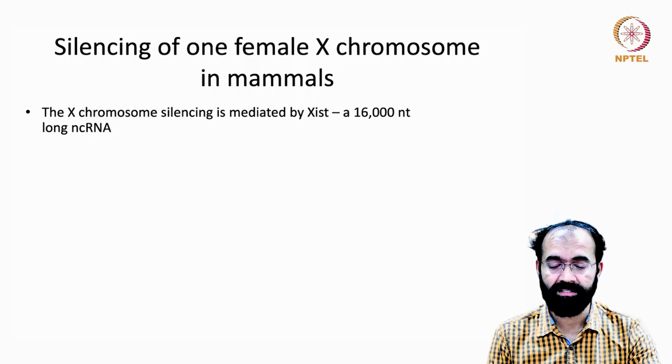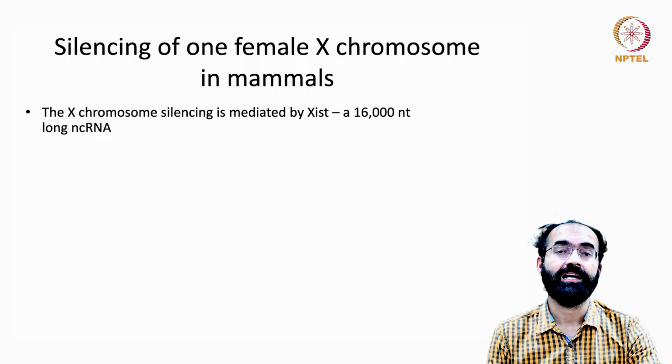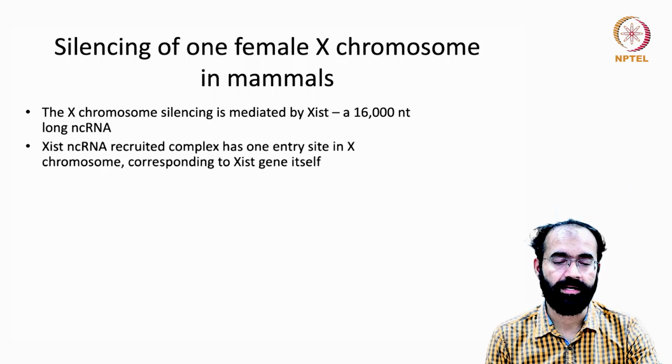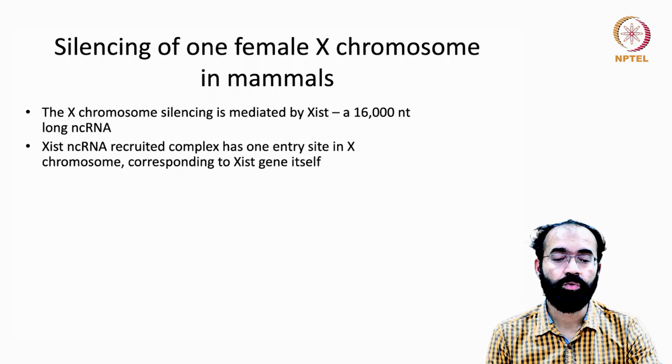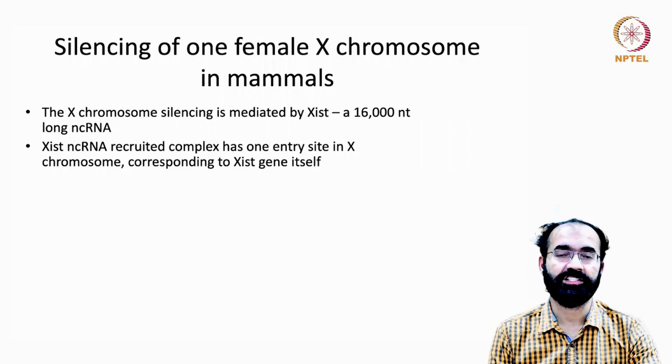So naturally it is considered an lncRNA, long non-coding RNA. The XIST non-coding RNA is recruited, and this complex has one entry site in the X chromosome corresponding to the XIST gene itself. So how does this function?